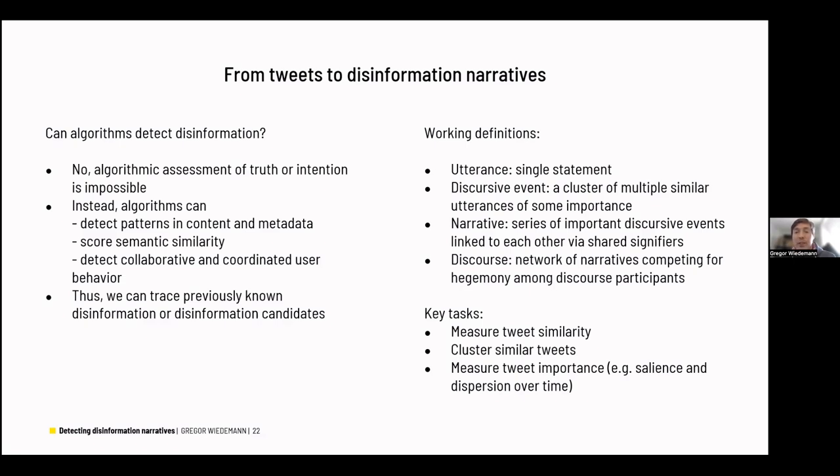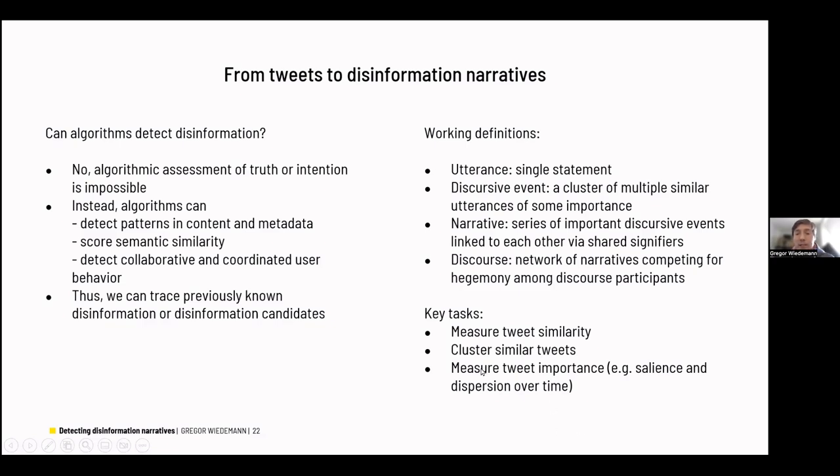And a narrative is then a series of important discursive events which are linked to each other via shared signifiers or a shared topic, basically. And last but not least, that can constitute a discourse where we have networks of narratives which are competing for hegemony among discourse participants.